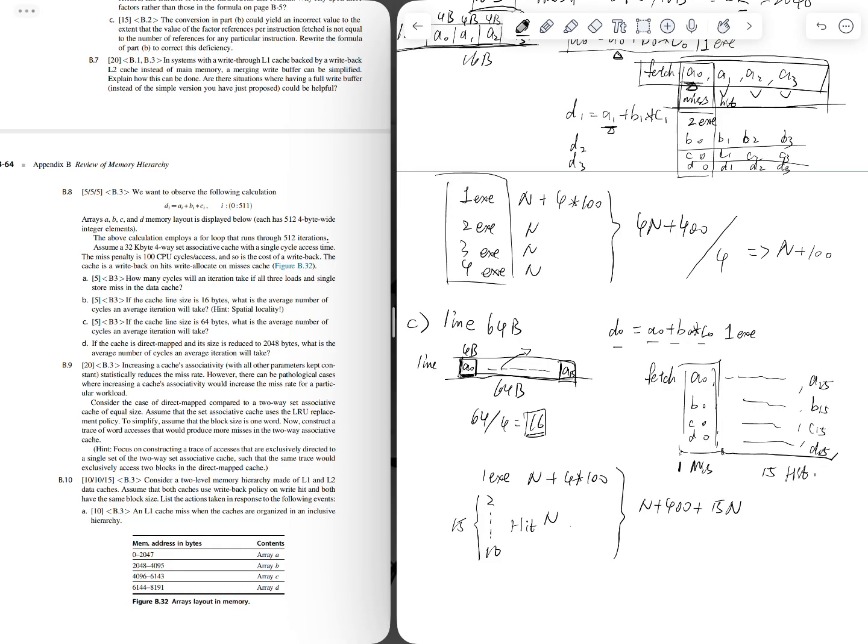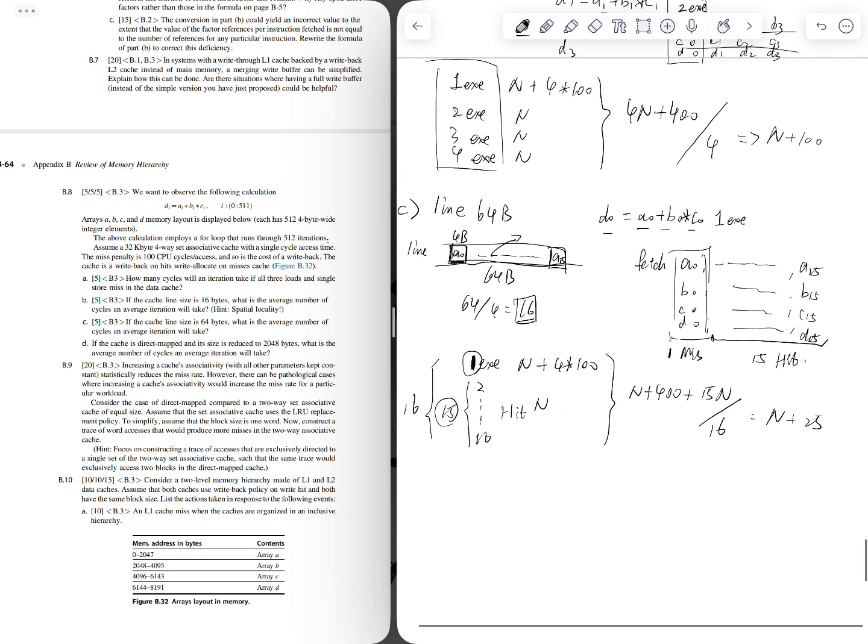How many iterations do we have? Here is 1, and here are 15, so 16 iterations. So the average is n plus 25 cycles.